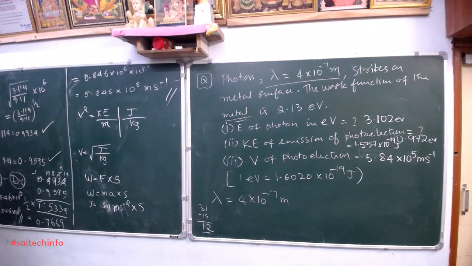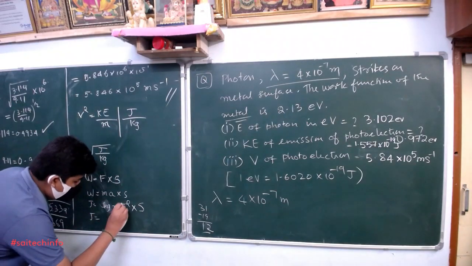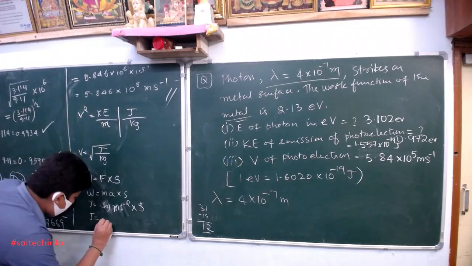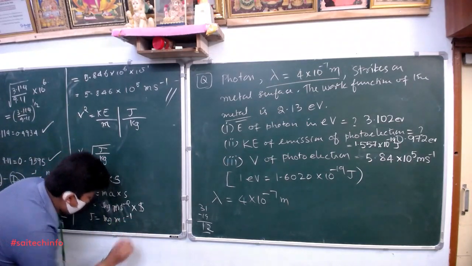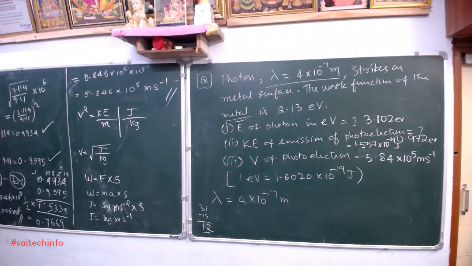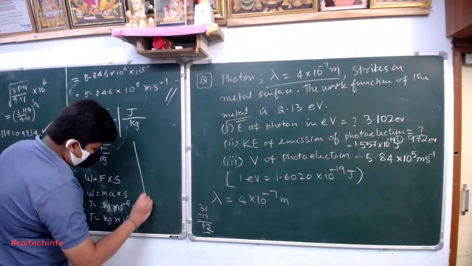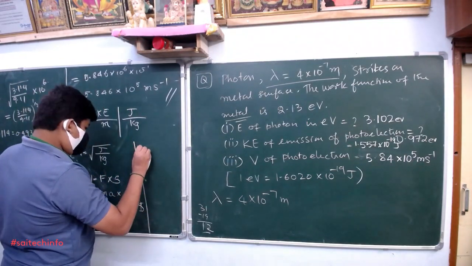So this is joule. Now we have to cancel this. So it becomes second power minus 1, kg ms power minus 1. Okay, and now this kg, take down ms power minus 1 divided by kg.